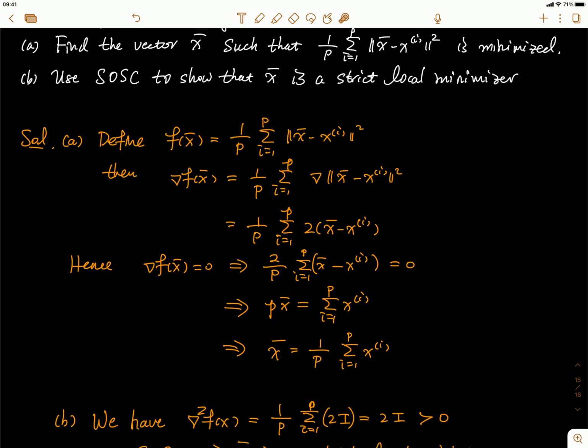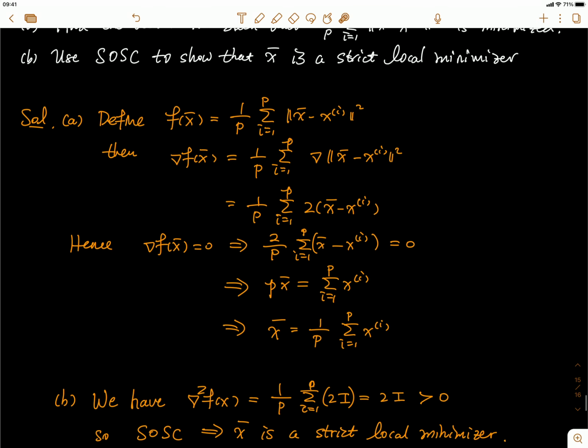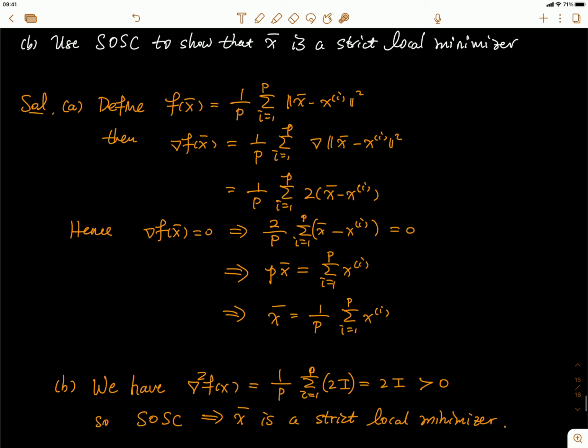The second question is to use the second order sufficient condition to check that x bar is a strict local minimizer. We just need to check that the Hessian is positive definite. The gradient of f is this, so if I take the gradient with respect to x one more time, remember that the gradient of this is just 2 times x bar minus xi.